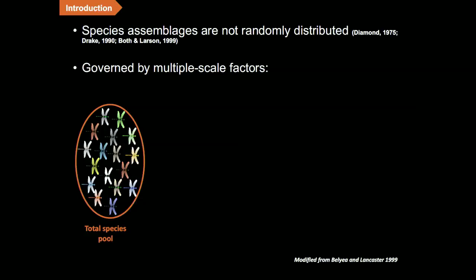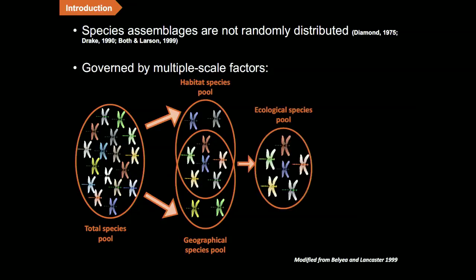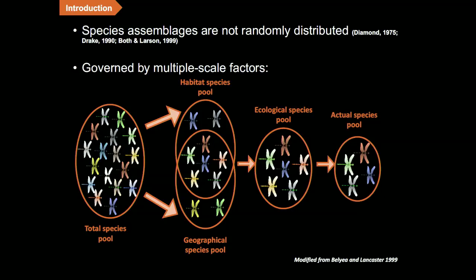If you see a site, you have a potential total species pool, but actually the species in your site are defined by the geographical species pool and the habitat that you have on your site. And also, all species are determined by the ecological species pool. This is the interaction between your species. And finally, you have the actual species pool.